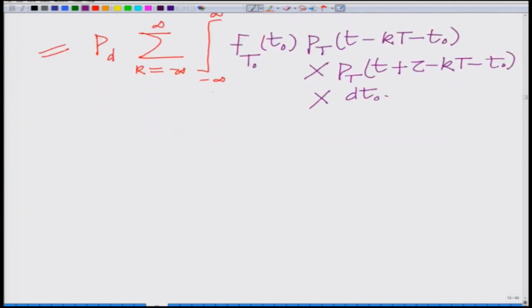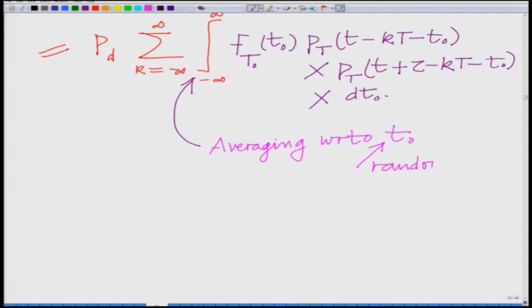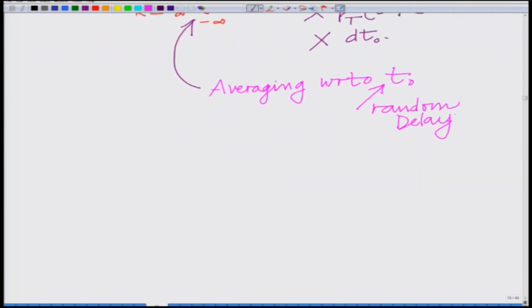So, this is basically averaging with respect to T naught, which is your random delay. Now, f of T naught, that is the uniform probability density function.